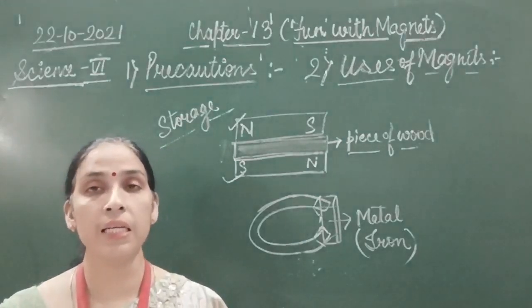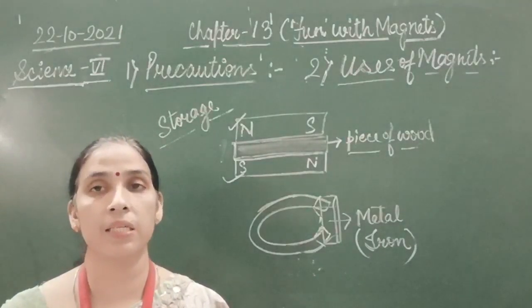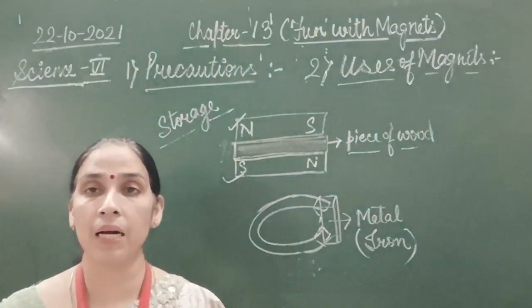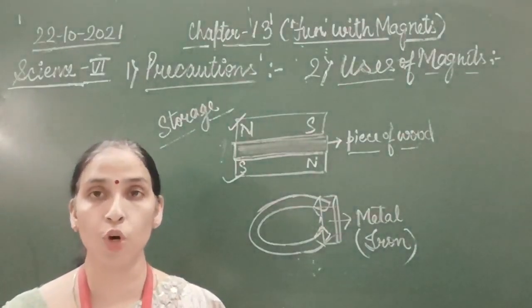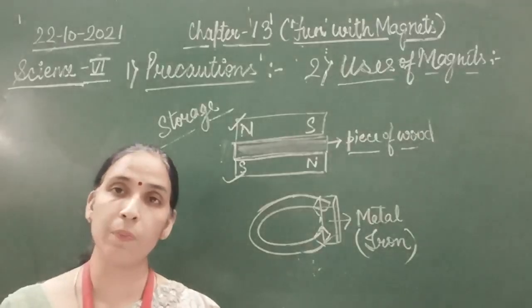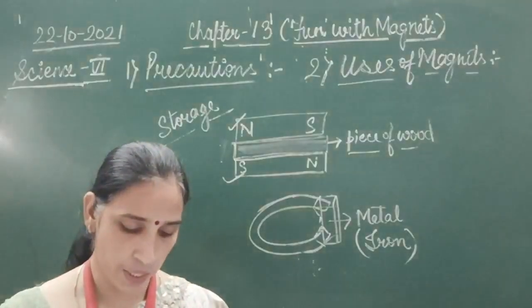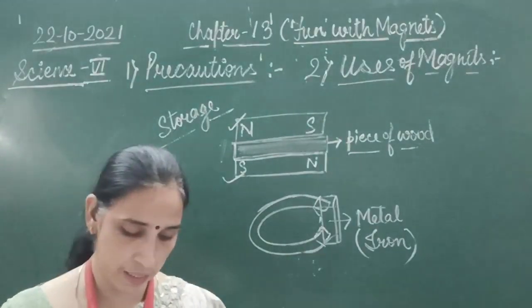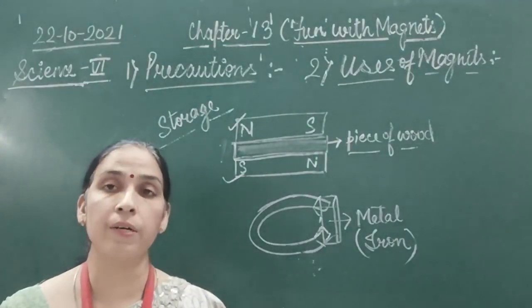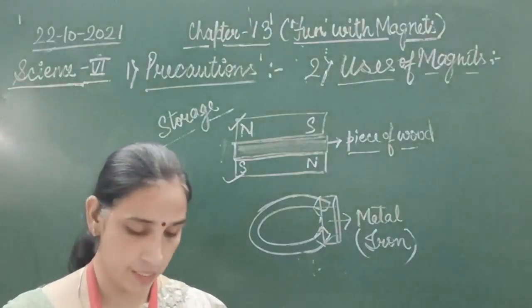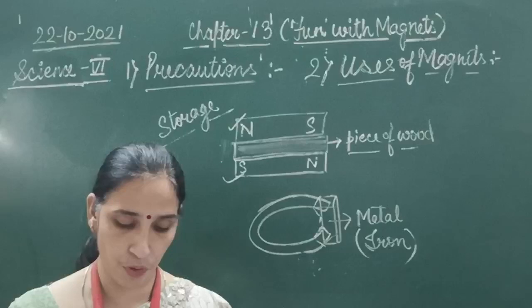Then the supply of current to the electromagnet will be stopped, and those objects which were stuck to that magnet will be released. When electric current is switched off, the electromagnet loses its magnetism, or it no longer remains a magnet, and hence the iron and steel objects get detached from it.